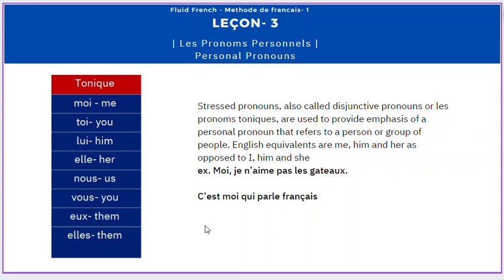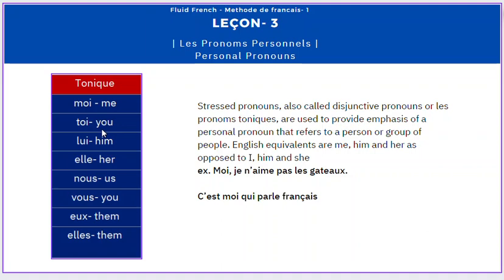Now pronouns are also of different types. In this lesson, I'm covering one more type, which are called stressed pronouns, accentué, or tonique. Now let's look at them and you will understand the meaning. Moi is me. Toi is you, but in object form. For example, he is talking about you.